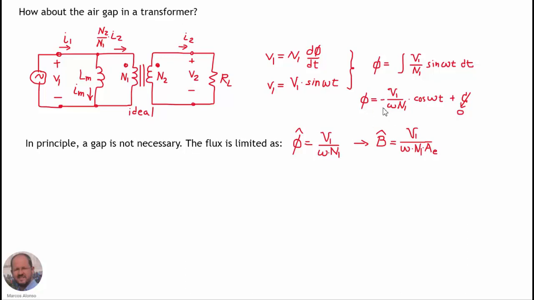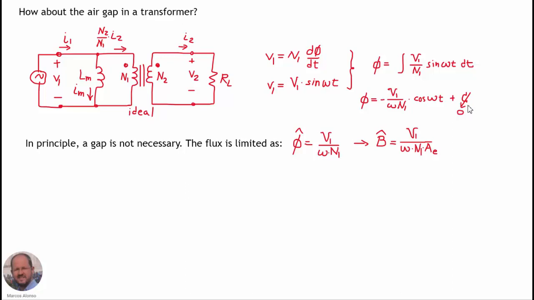So the flux is going to be cosinusoidal. And also note that when we do this integral, we have to add a constant, which can be any value. In general, we want this constant to be equal to 0, so we are not going to have a DC level of the magnetic flux in the transformer, but we have to take into account that it's possible to have a DC level of the flux inside the core of the transformer.